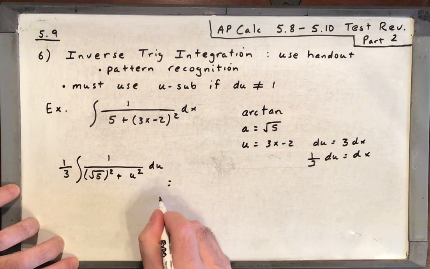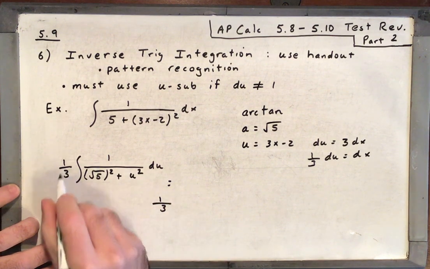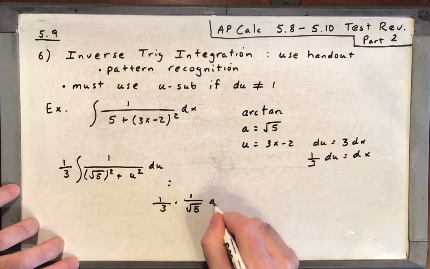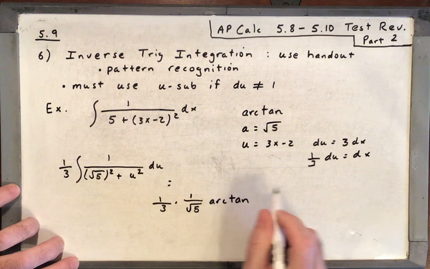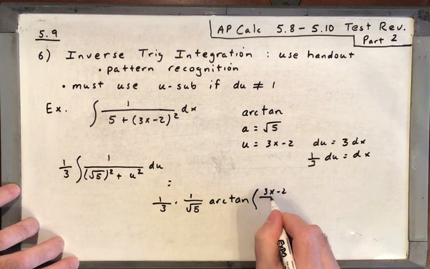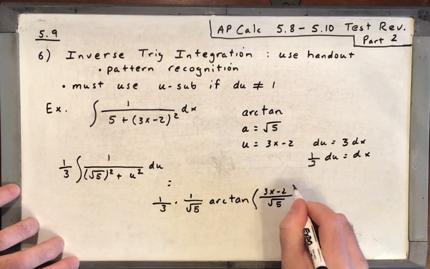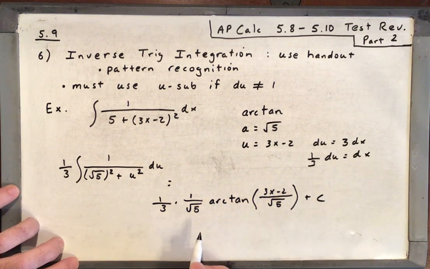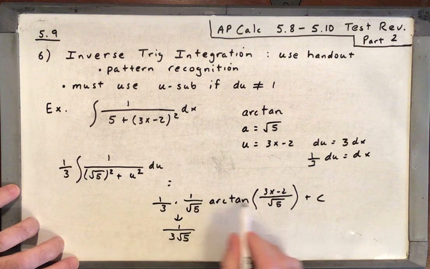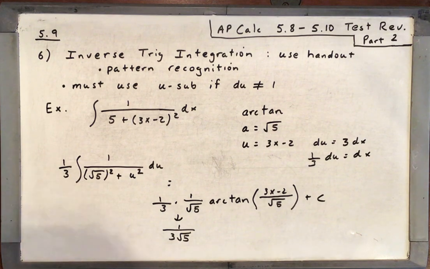Okay, so using the formula, it's that 1/3 out front, times 1 over a, 1 over square root of 5, arctangent of u, 3x minus 2, over a, square root of 5, plus c. All right, so you could clean this up and make that part 1 over 3 root 5. Okay, so that is the 6th topic that we did.